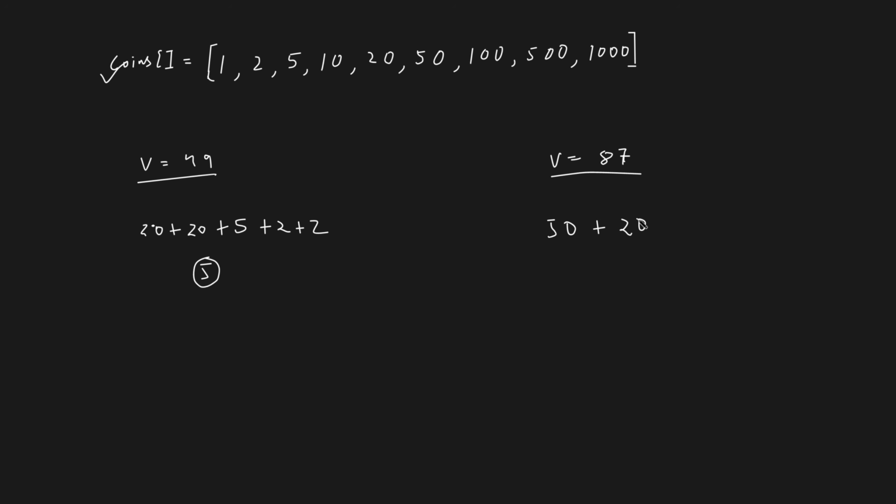The best option will be a 10 rupee coin, so that makes us 80 rupees. We are still left with 7 rupees. We can use a 5 rupees coin after this, and once we have used it, we are still left with 2. It's better to use a 2 rupee coin instead of a 1 rupee coin twice, because that will make the minimum number of coins 5, and that's our answer.